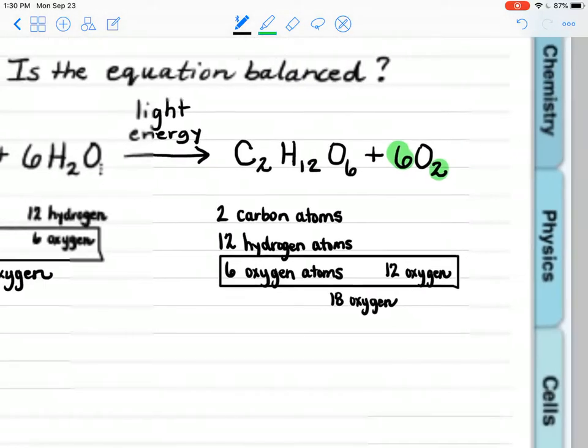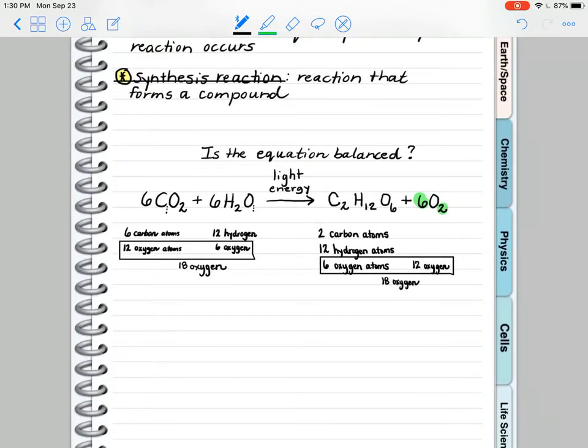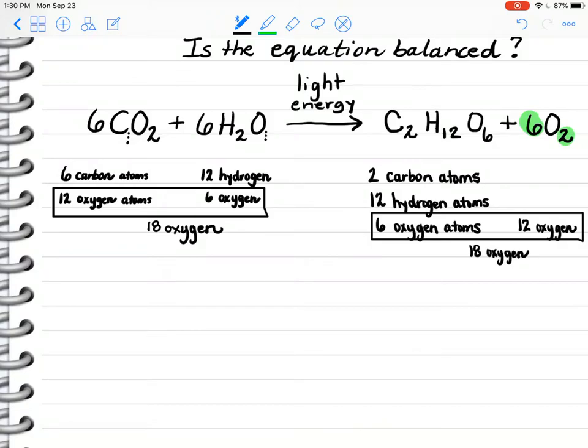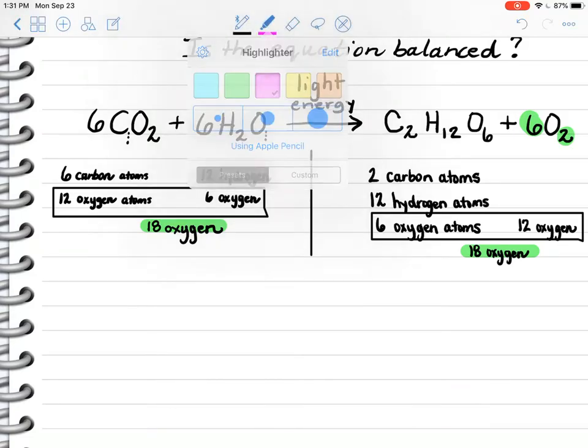So let's see if our equation is balanced, because remember that was the question we needed to answer. So let me zoom a little bit and let's see. Here's the dividing line of the equation. So let's see if it balances. Oxygen and oxygen, those match. So far, so good.